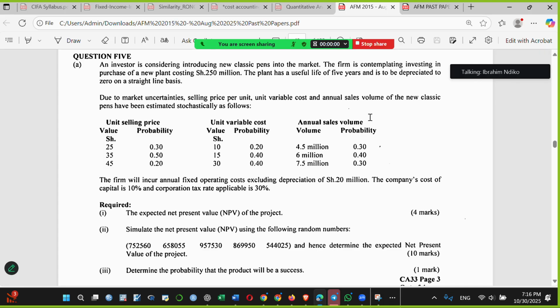Step number 3, we develop the simulation table. Let us do this question, from the December 2021 sitting.